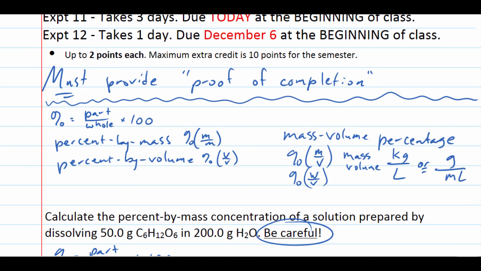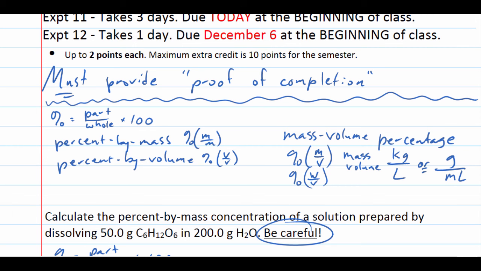So the units are important to be specified in here. And the reason why these units are used is because in the case of water, 1 gram of water has a volume of about 1 milliliter. And so that's the reason why a mass volume percentage is used.